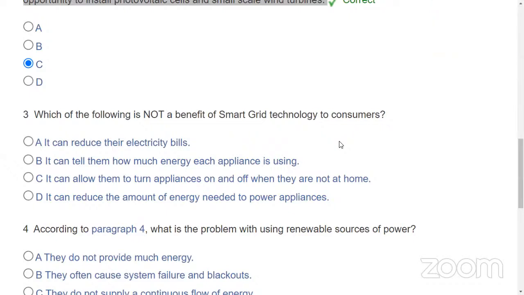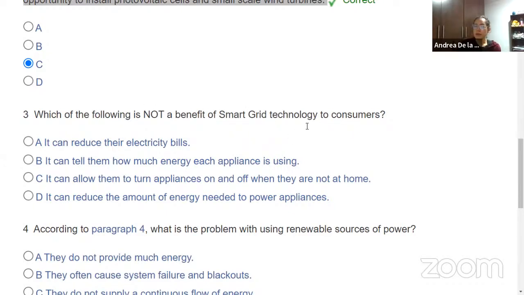I think that it's the letter D. It can reduce the amount of energy needed to power appliances. Okay. Can reduce the amount of energy needed to power appliances. Yes, do you guys agree, Luis Alejandro? Yes, miss. Okay, good. So what paragraph talks about the benefits of a smart grid technology to consumers?